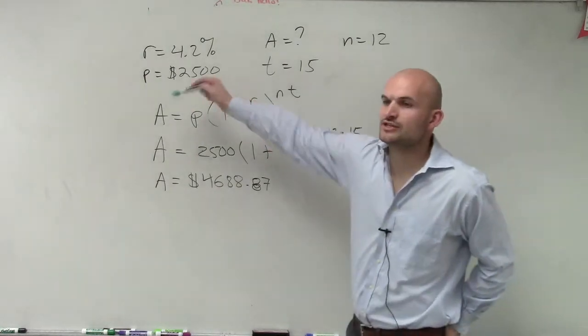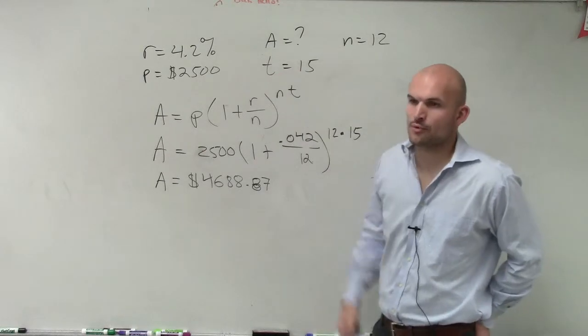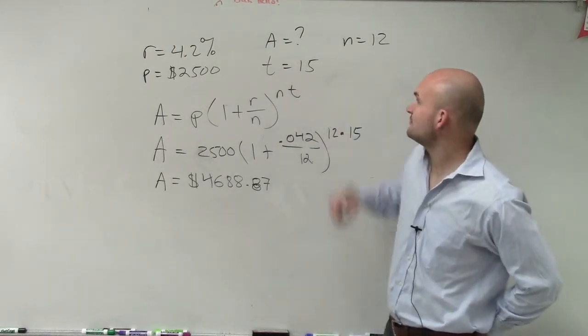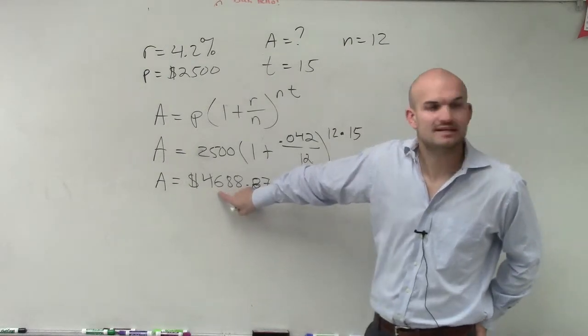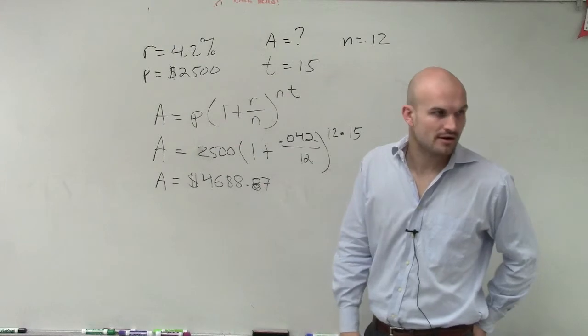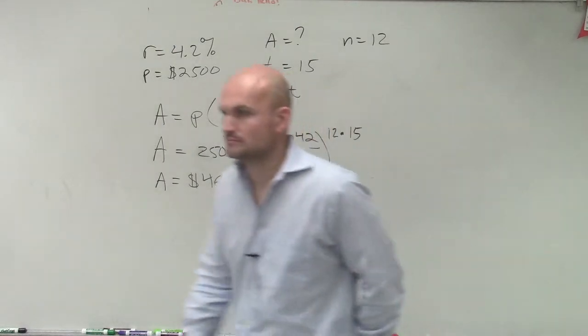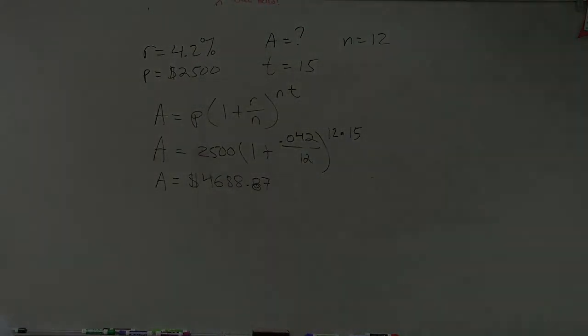You initially put in $2,500, right? You're given a rate of 4.2% over 15 years, compounded monthly. Your ending value after 15 years is going to be $4,688. Not bad, right? Okay. Very good. Okay.